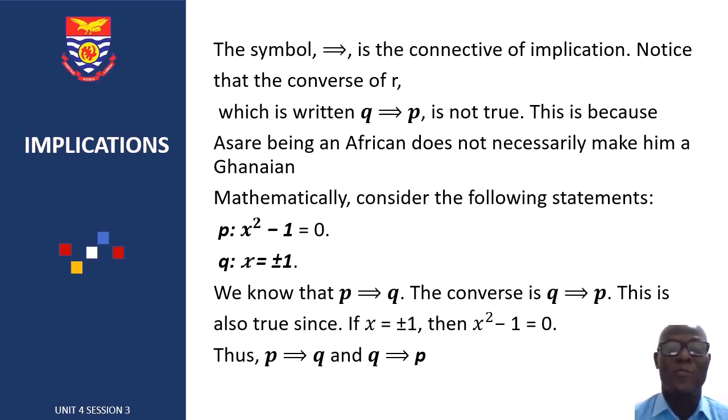Now its converse, Q implies P, is also true, since if we substitute x equal to 1 or -1 into x squared minus 1, it gives 0. This means that P implies Q and Q implies P.